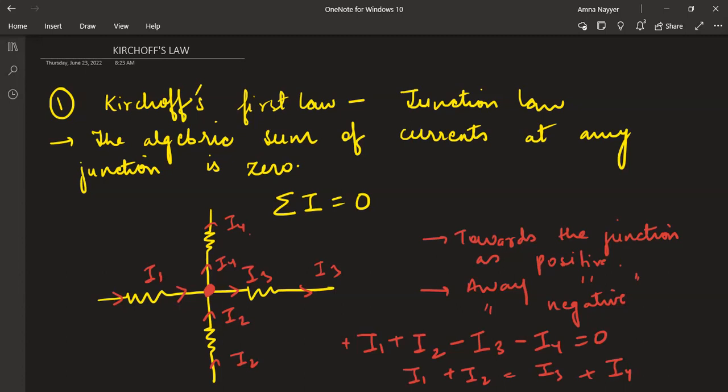Whatever current comes is equal to the amount of current that leaves the junction. Current pointing towards the junction, by sign convention, we call positive, and whatever is leaving, we call negative. So the net sum of the current is zero at any junction. This is Kirchhoff's first law, the junction law. It says that the algebraic sum of currents at any junction is zero.